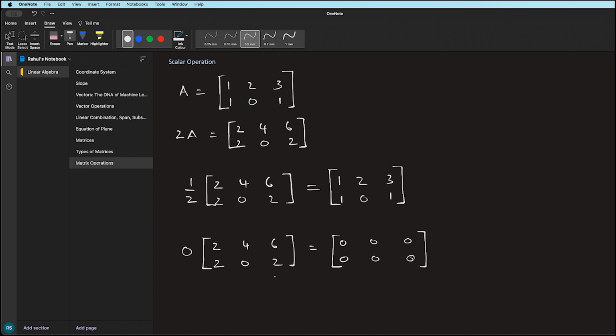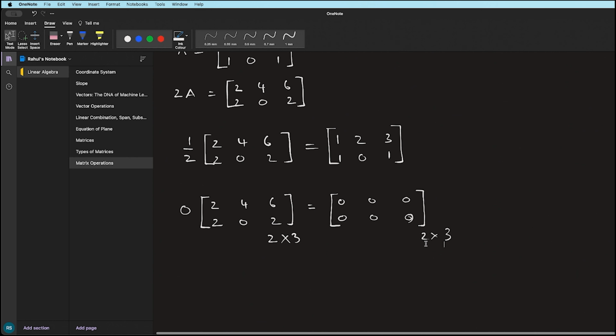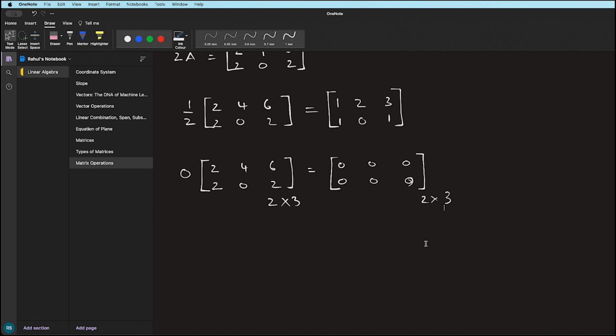So the shape of this matrix is 2 cross 3 and the resulting 0 matrix is also the 2 cross 3 0 matrix. Now, apart from scalar multiplication, I can perform the scalar addition.